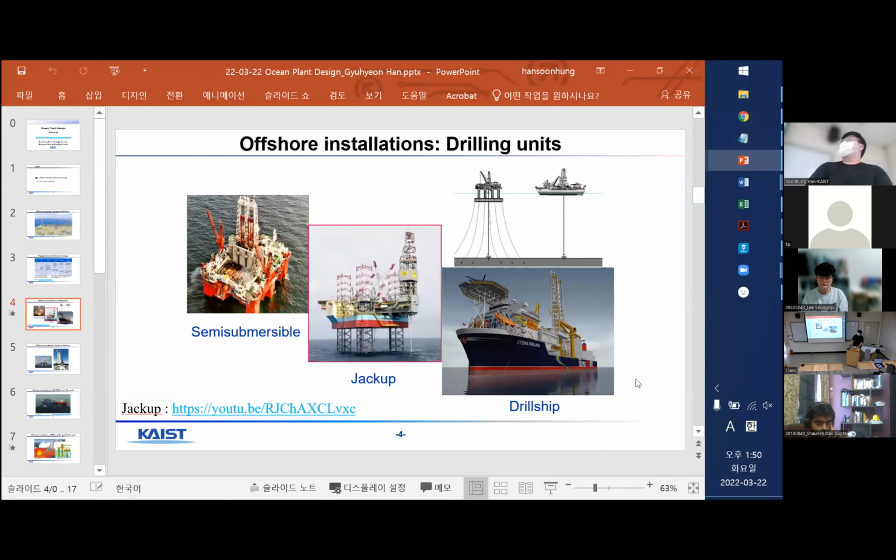Okay, I'll bring a simple solution for the drilling units. There are a few ways: semi-submersible, jackup, or drill ship solutions. So those are quite different. First, a semi-submersible is basically a floating platform for the drilling.